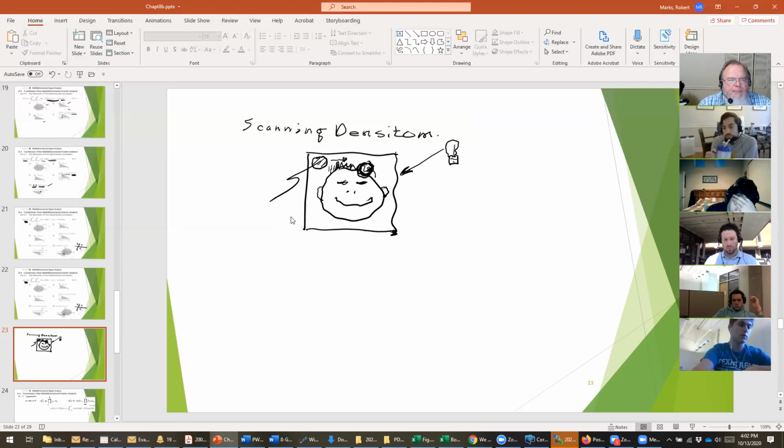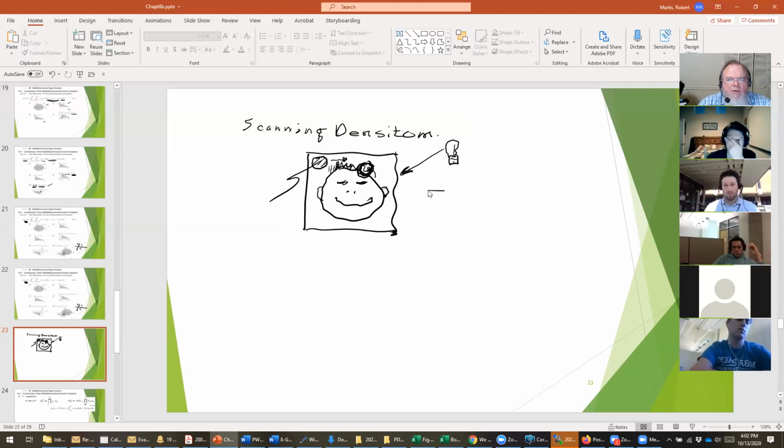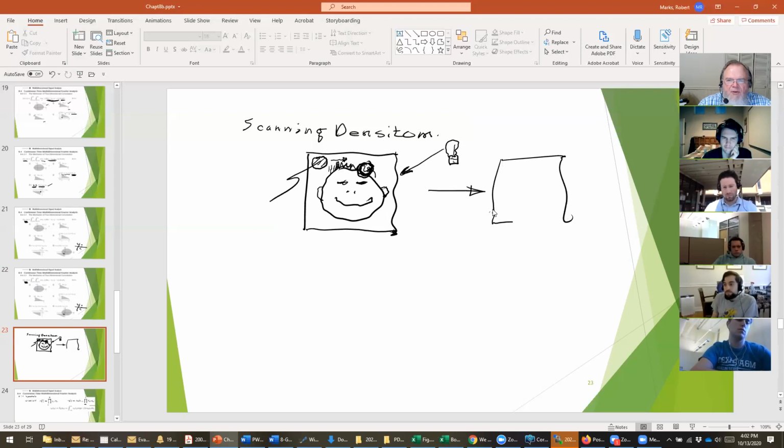And so what happens is that the result that you get out, can you see what happens here? This is exactly what happens with convolution, isn't it? You're going to get out the original picture, and I don't think I can draw the original picture here, but you're going to get out the picture, but it's going to be degraded.